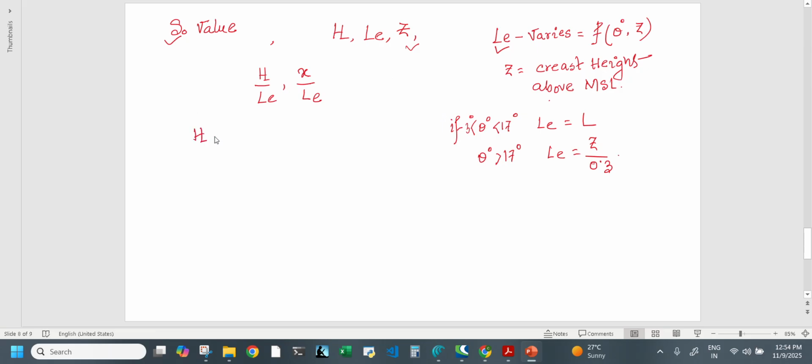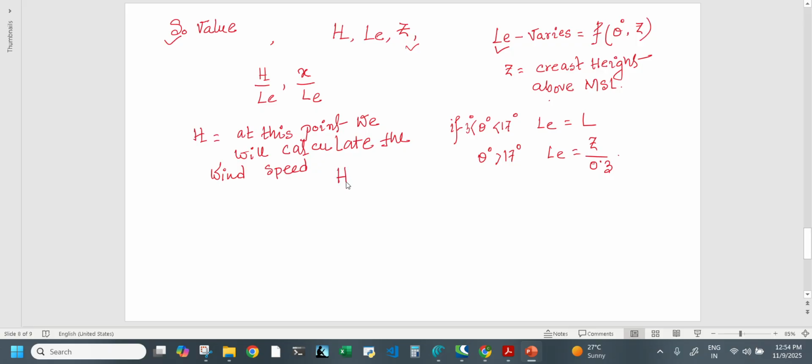h is at this point. We will calculate the wind speed.